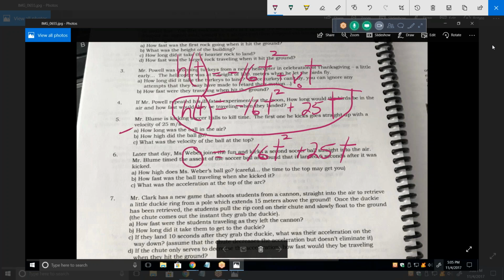Now we already know one solution is 0. In other words, the soccer ball started out at height 0. But how do I solve this? Well, can we subtract 25t from both sides?